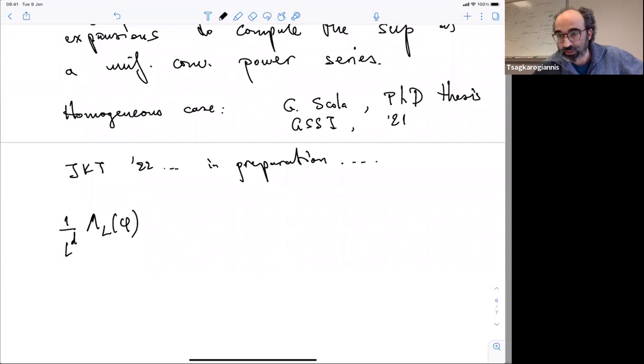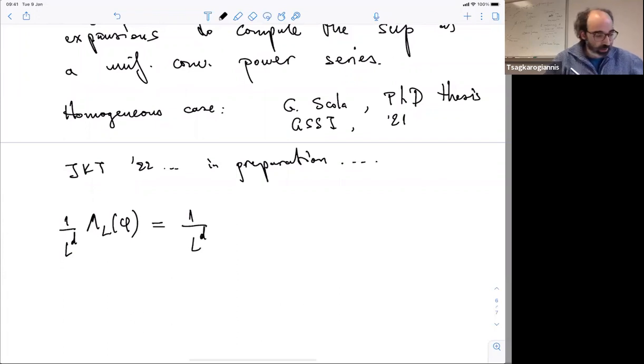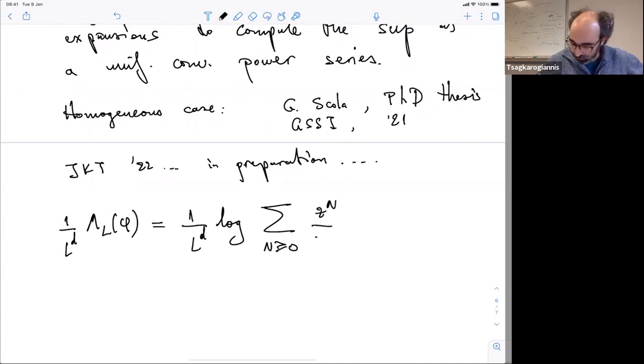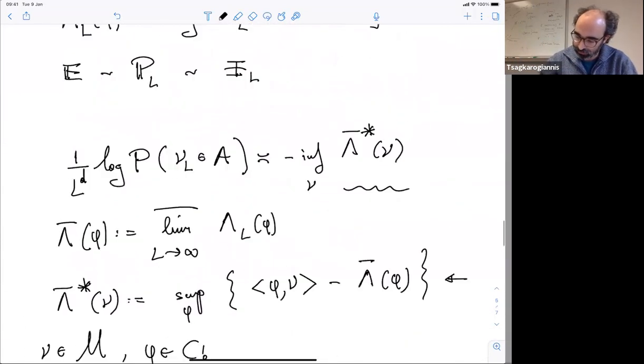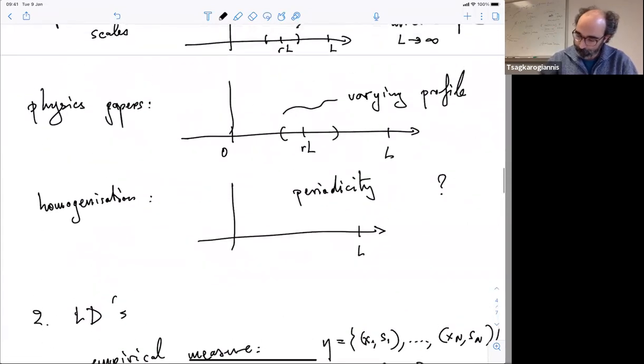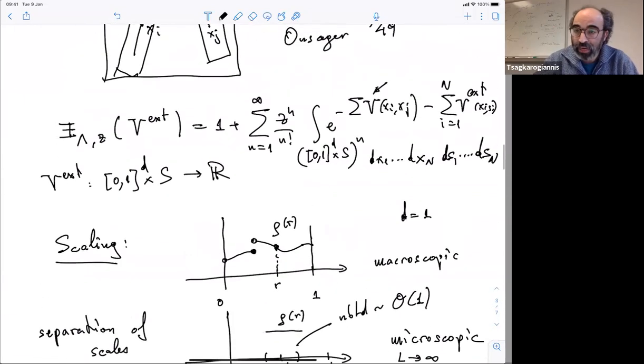I write it in terms of the large deviations, in terms of the moment generating function, which you can write in this form. So it is the sum over n bigger or equal than 0, z to the n over n factorial. And here, what do I have? I have e to the minus b, so you remember, I have e to the minus sum over i smaller than j of b_ij.